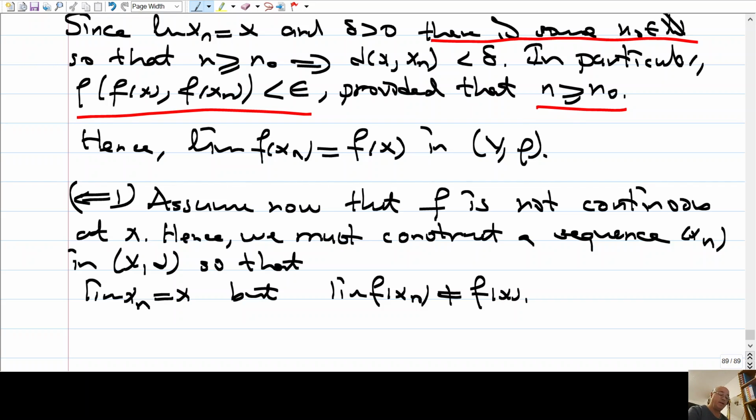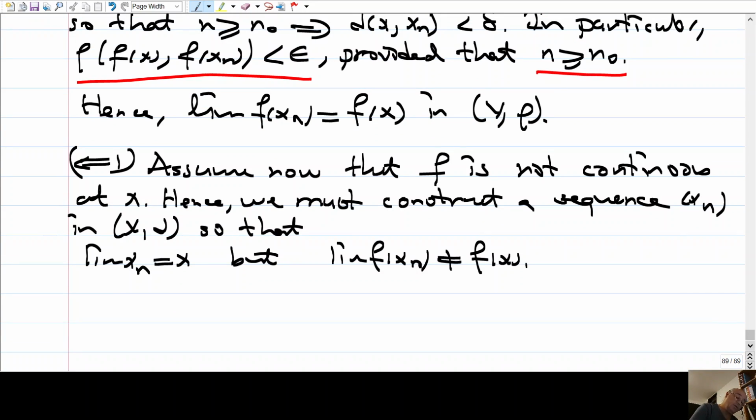And how can you show that this sequence is not converging to this? Well, you have to find an epsilon so that there is no n0 with the following property: there will always be some integer larger than n0 so that the distance between f of xn and f of x will be at least epsilon. Okay, so this is how I will proceed.